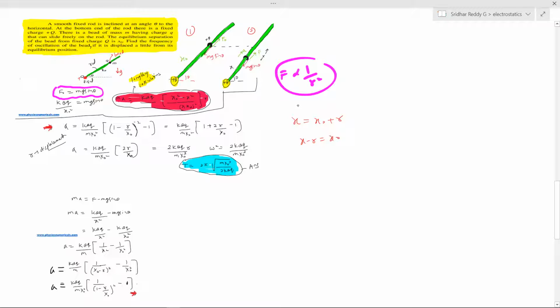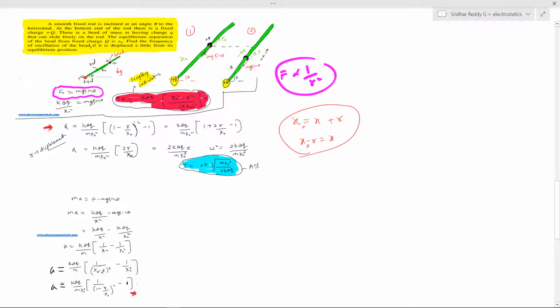Oh, sorry. x is equal to x naught minus r from the diagram. So I'll substitute here. 1 by x is equal to 1 by x naught minus r.